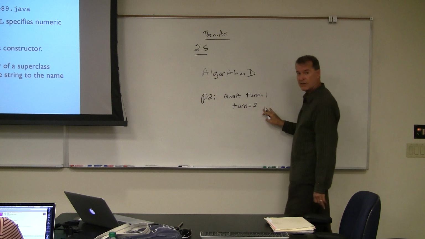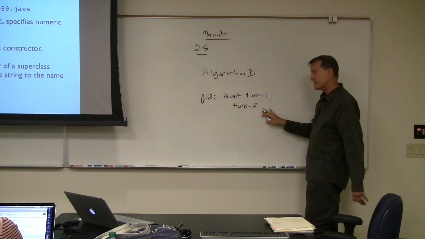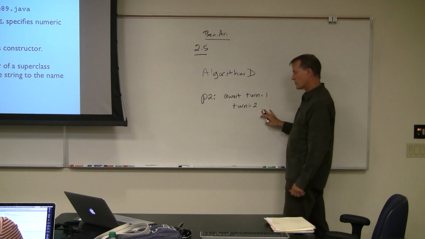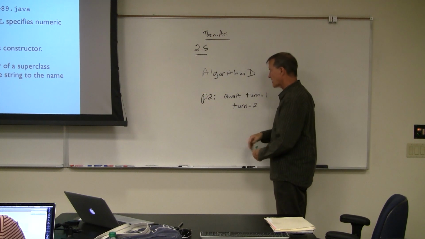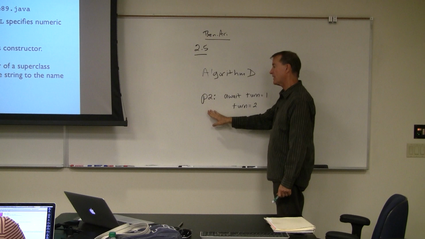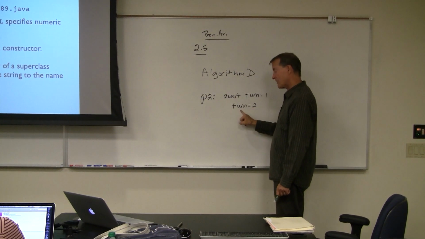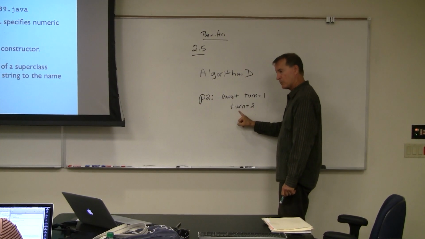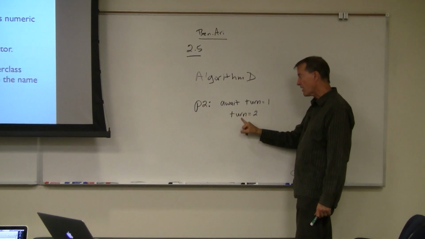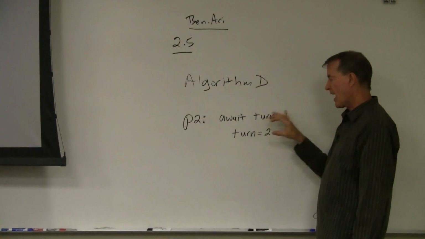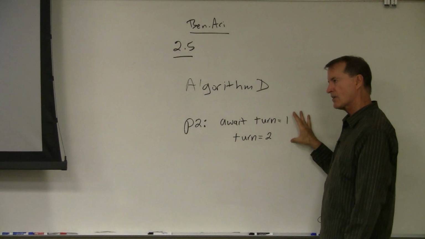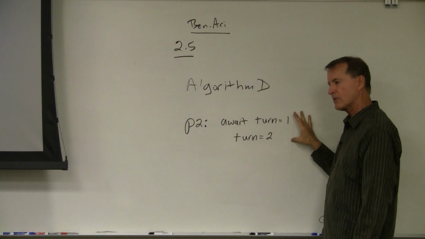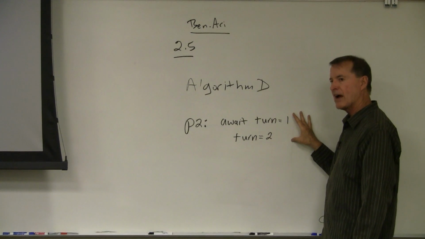Let's see what this means. First of all, notice that this is not P2 and then P3. This is part of P2. And what was our assumption in binary? What is our atomic statement in all the algorithms in binary?